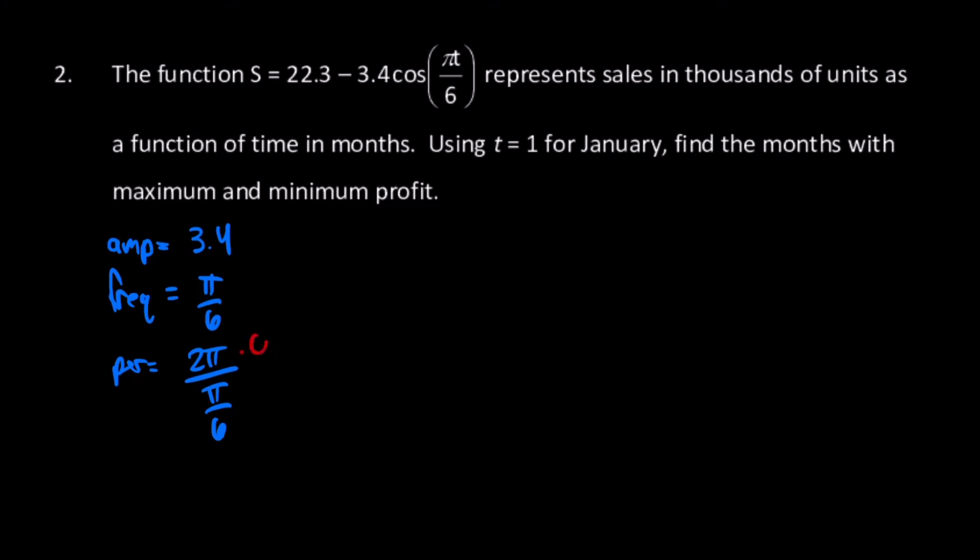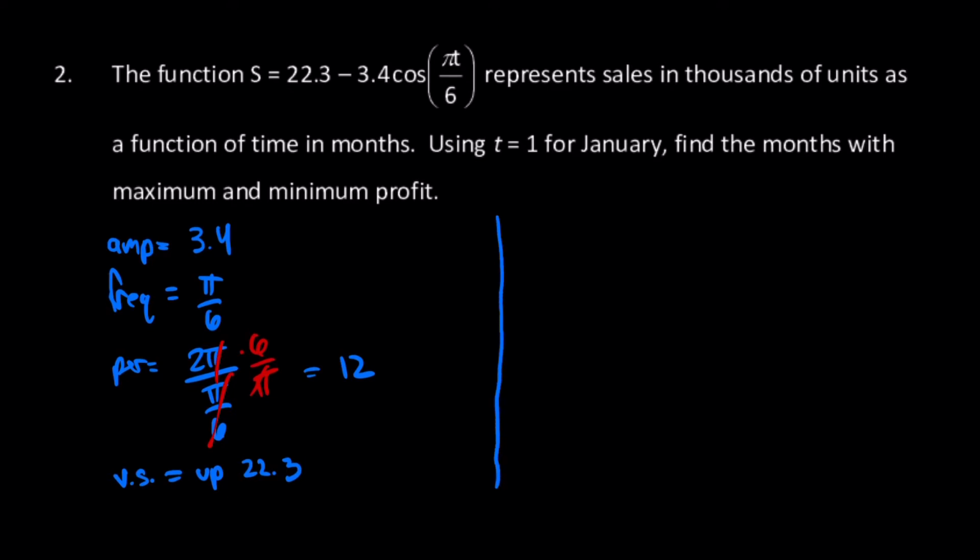I'll write that out just to show you, though you can probably do it in your head. It's going to be 12. Which kind of makes sense, right? We're talking about months, so I'd like that to be 12. Makes it a lot easier to work with. And I know I have a vertical shift up 22.3. So now I'd like to make a quick sketch of one cycle.